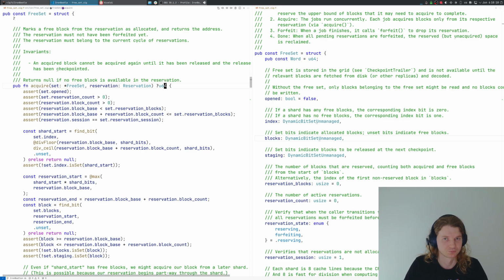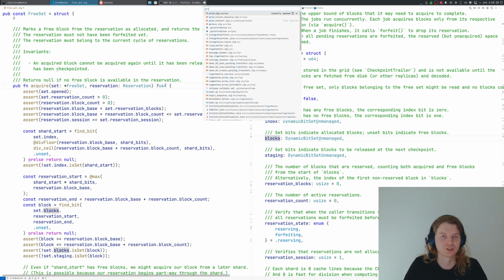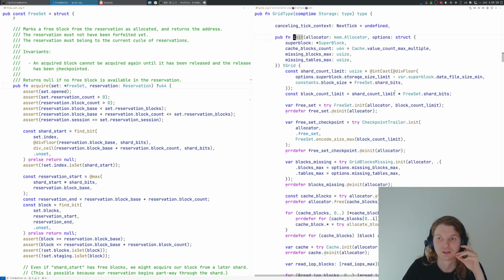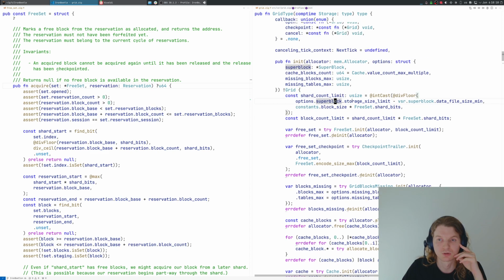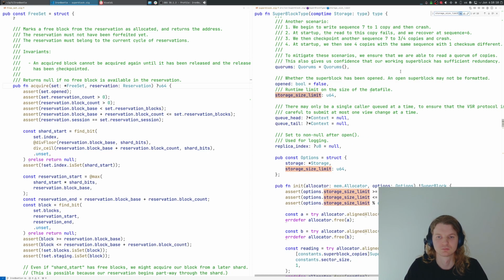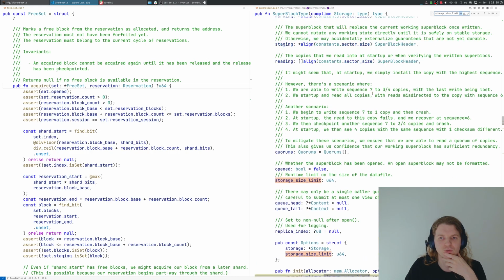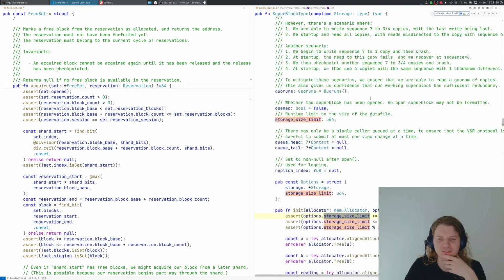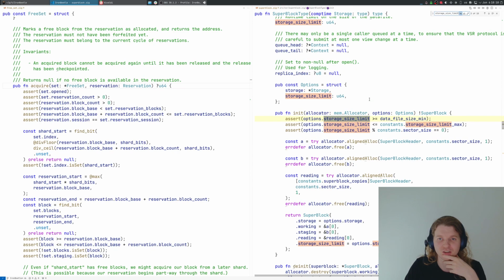Actually, let's see how FreeSet is initialized to trace this parameter. FreeSet shard count means superblock storage size limit. And what is storage size limit? Yeah, interesting. The storage size limit is actually stored in the superblock, but I bet that this is a runtime parameter. Okay, right.